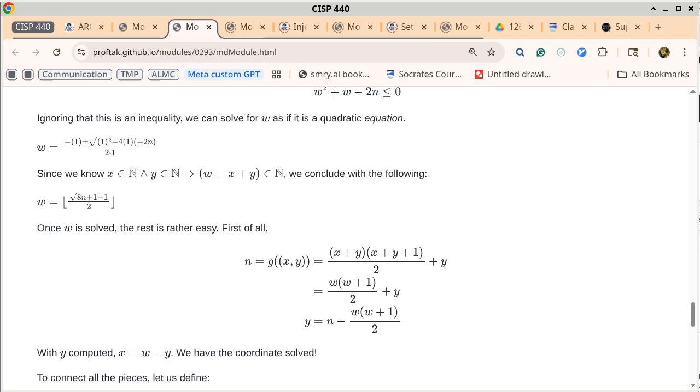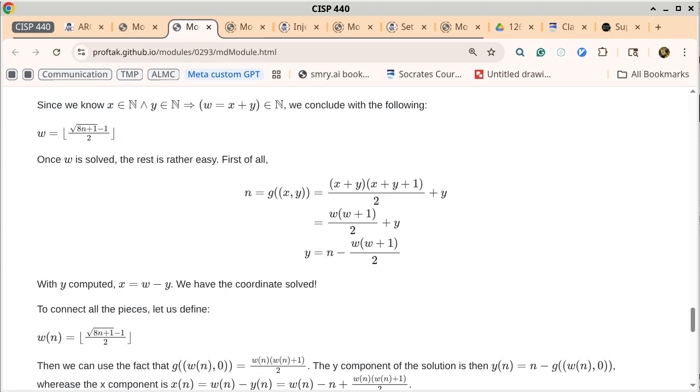Once we know that n equals w times w plus 1, the whole thing divided by 2, plus y, because at this point n is known and w is also known, we throw all the known terms to one side, leaving y as the only one on the other side, and we can now solve for y. Once we can solve for y, we can also solve for x, because we know that w by definition is x plus y.